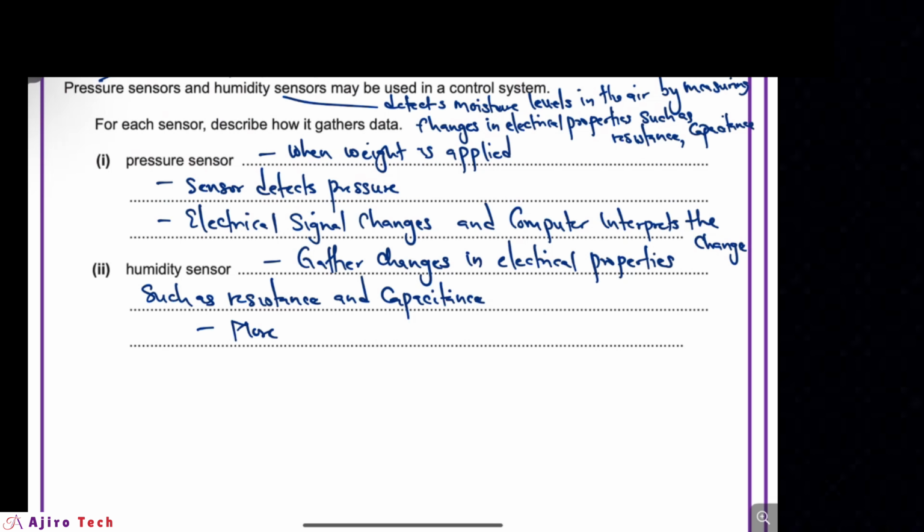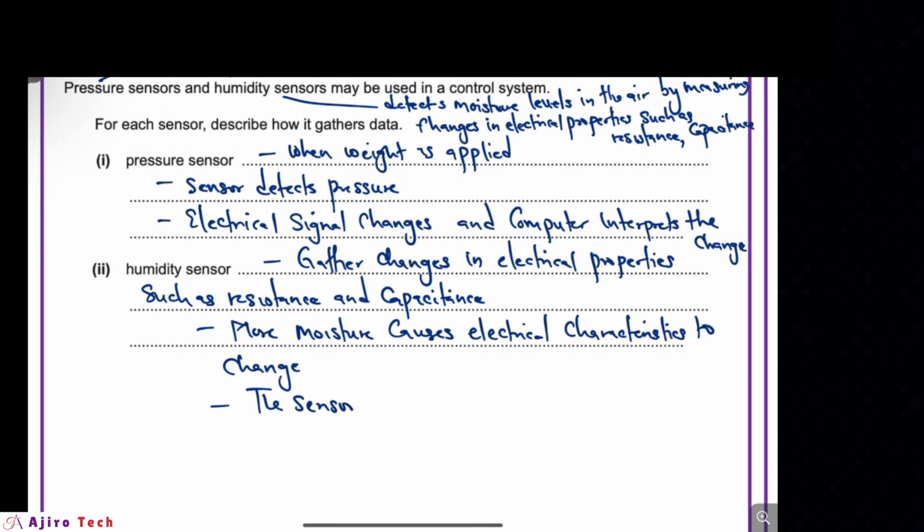And more moisture causes electrical characteristics to change.